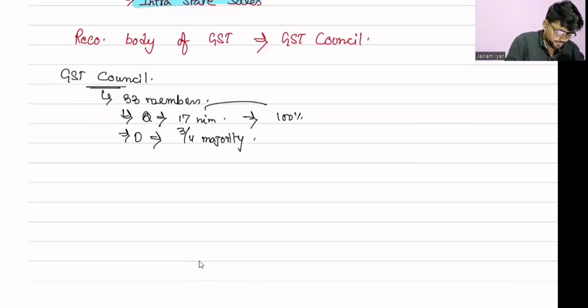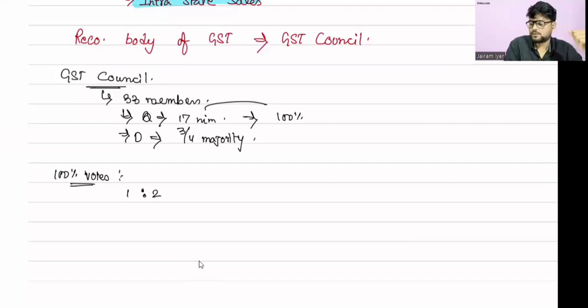Now I am saying that how the powers have been divided between central government and state government. Suppose for an example, 100% votes are there, it is divided in the ratio of 1:2. You are getting 1:2 means 1/3 or 2/3.